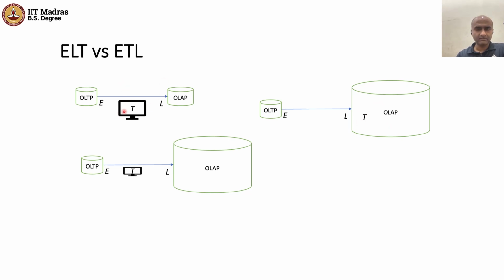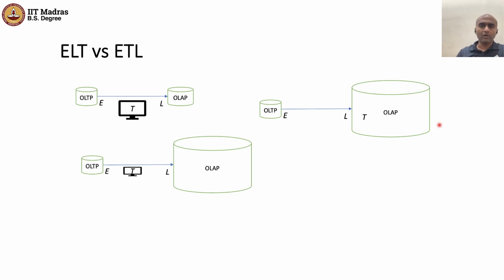In the ETL architecture, the ETL tool has its own machine. You have to worry about that. That's controlled by somebody else. The OLAP system is controlled by somebody else. You have to worry about both these sets of resources, and you have to worry about the bottlenecks that the ETL tool creates. Here, it's just one system. Obviously, the one system has multiple computes associated with it, and some of the computes scale linearly, some of them scale in a decoupled manner. So you have to worry about that, obviously, but then at least it's just one system to worry about. That's the third advantage.